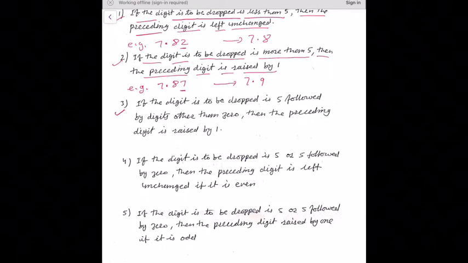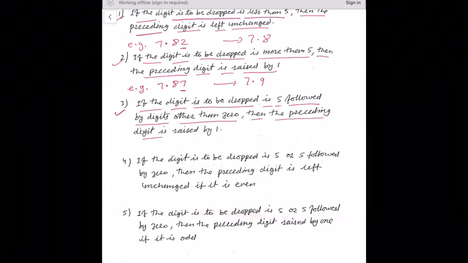Next, third, if the digit to be dropped is 5 followed by digits other than 0, then the preceding digit is raised by 1.